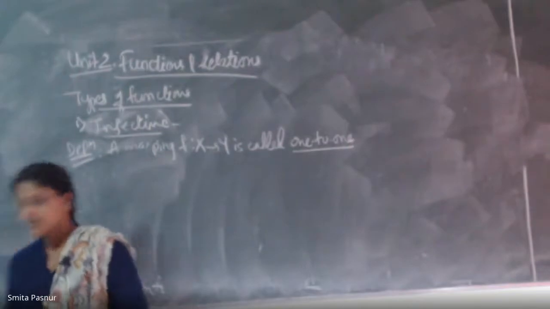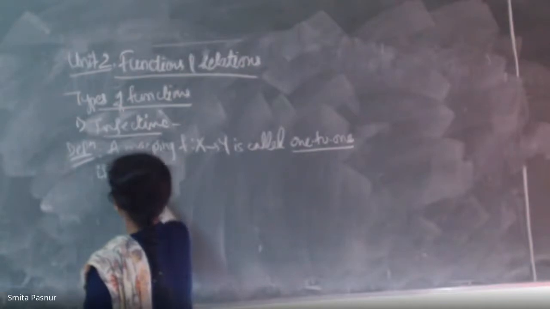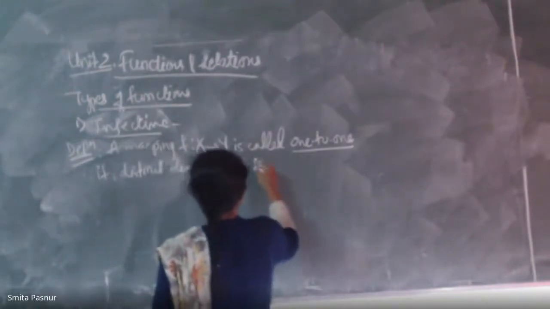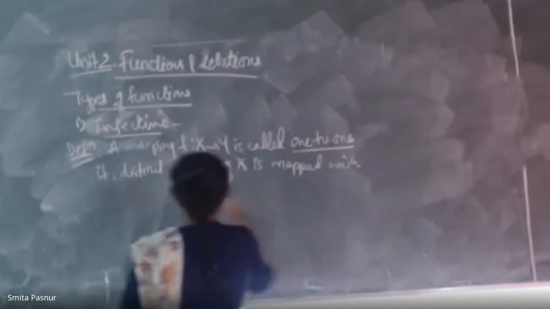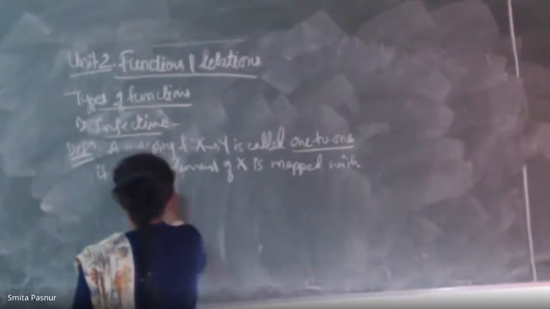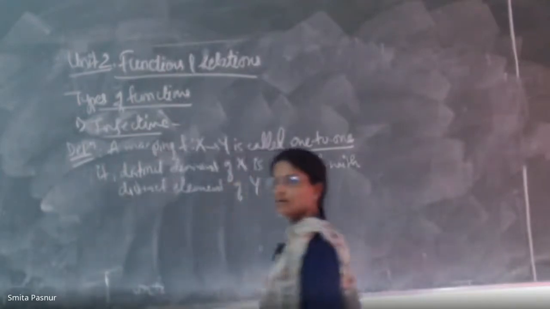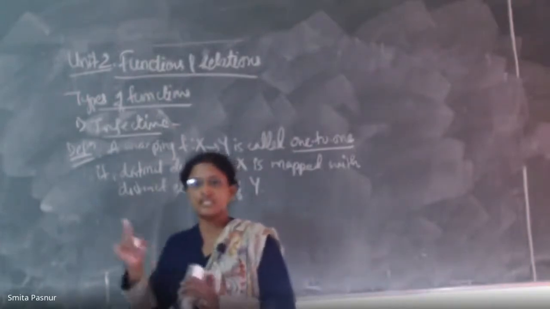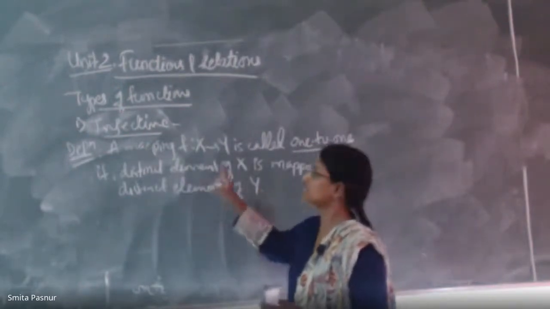Remember, it is called a one to one function if distinct elements of x are mapped with distinct elements of y. That is, there should be a one to one relation. Then we say that it is a one to one relation or an injective relation.